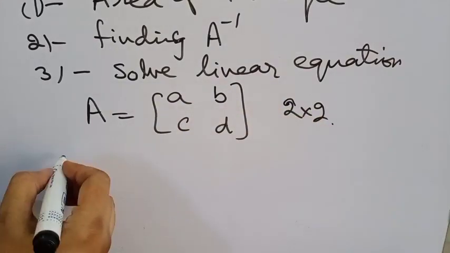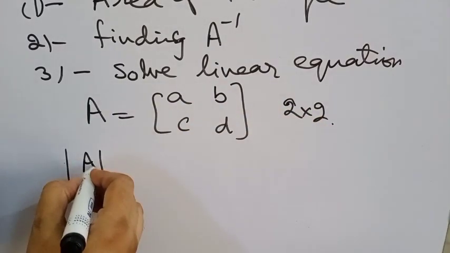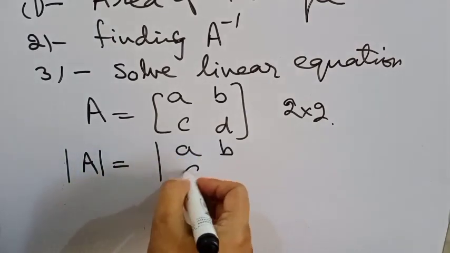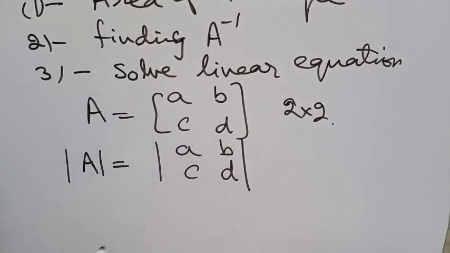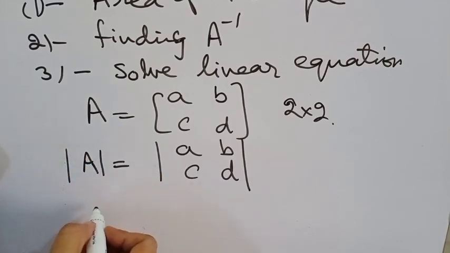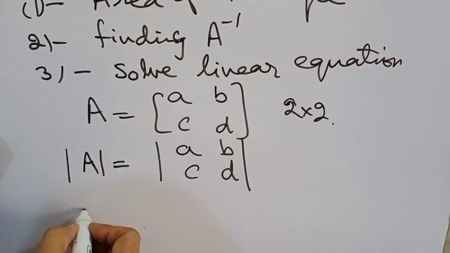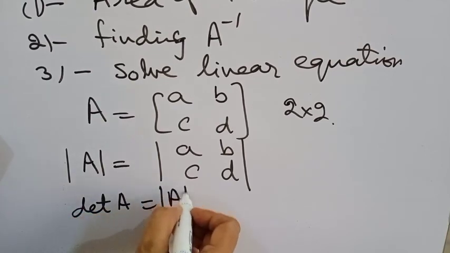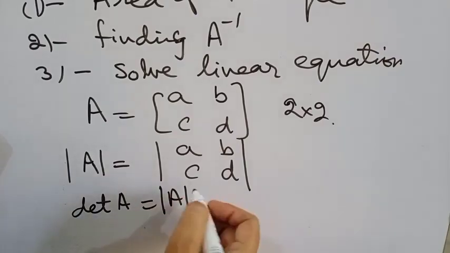Then its determinant we can write as determinant of A is equal to a, b, c, d. We write elements of A in bars. We can find the determinant only for a square matrix.